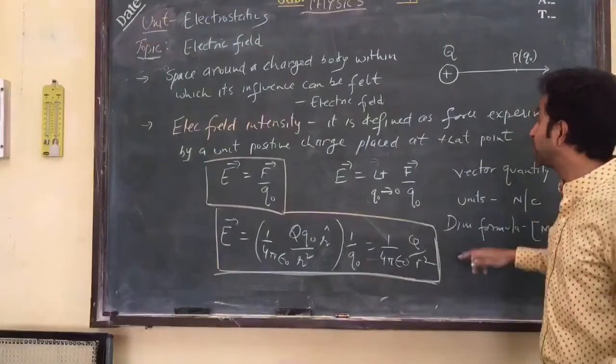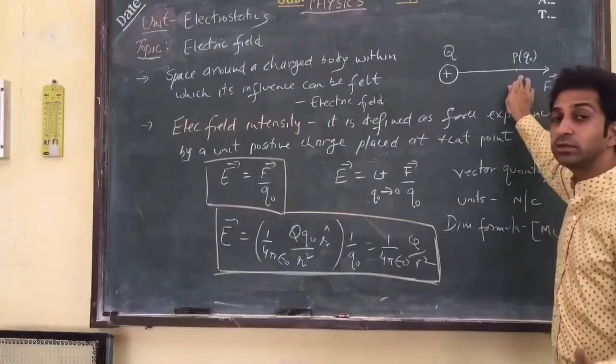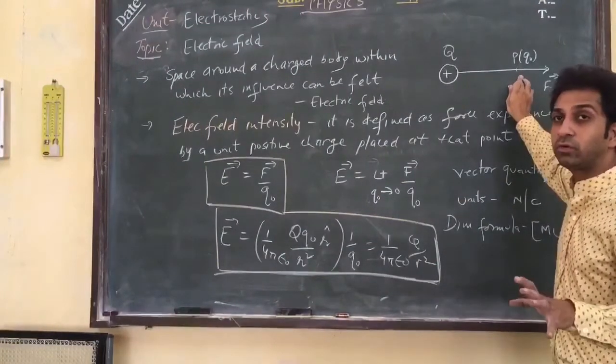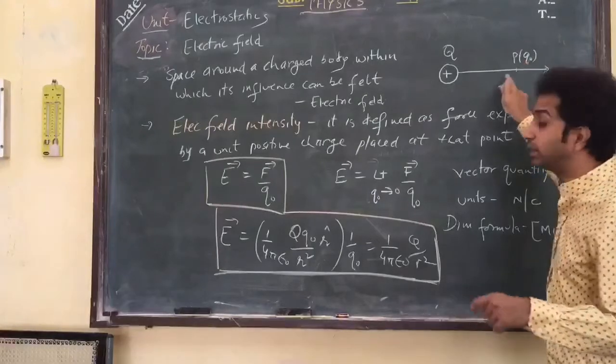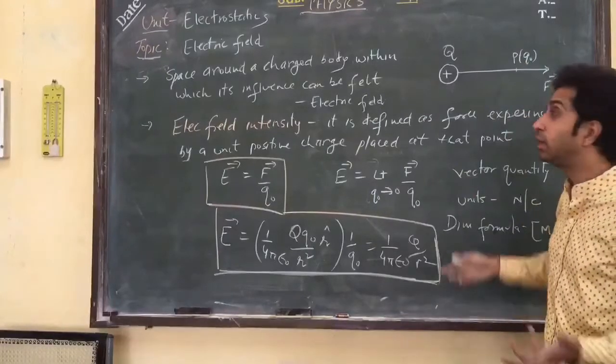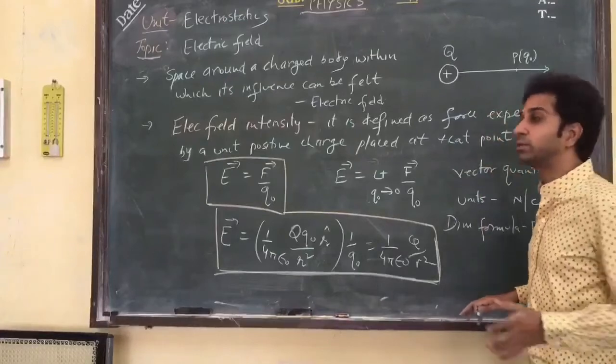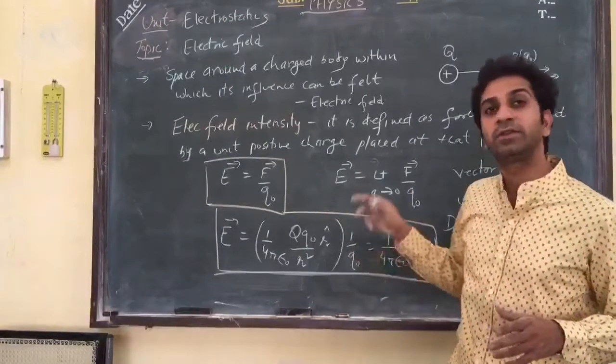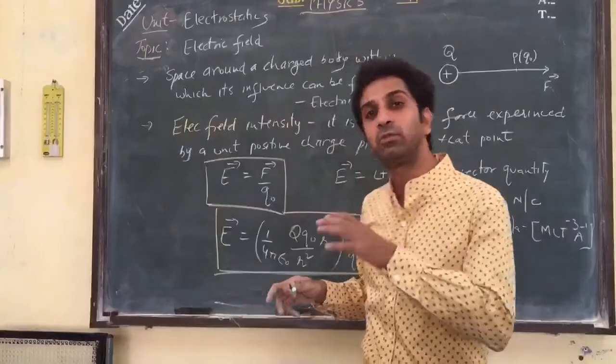Physically also, we don't want the test charge to create its own field in our discussion. That's why we assume the value of the test charge to be very, very small, right?